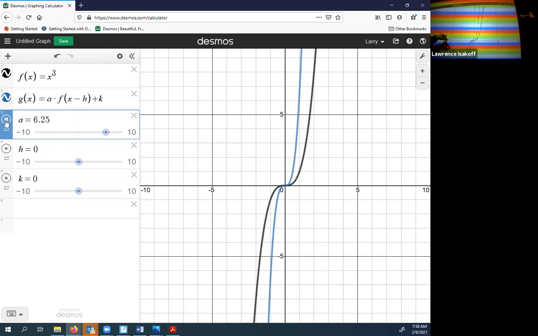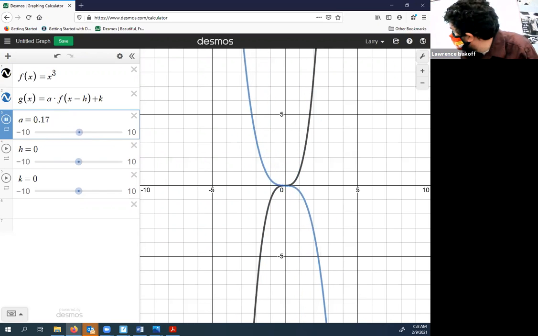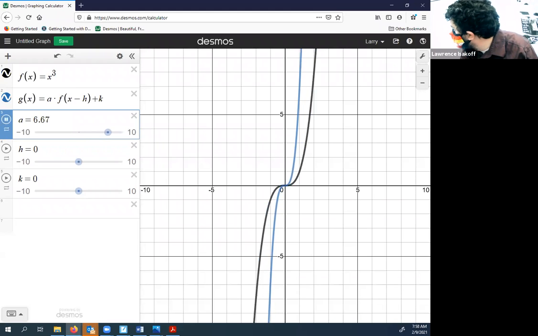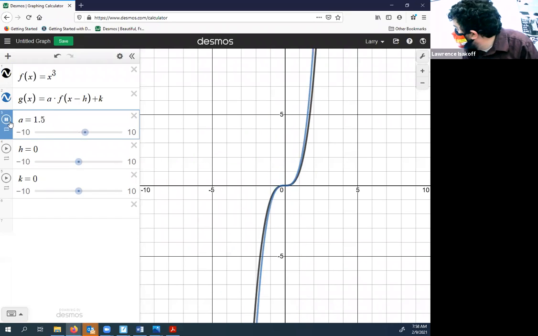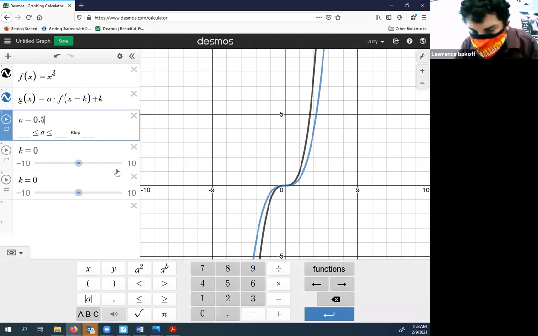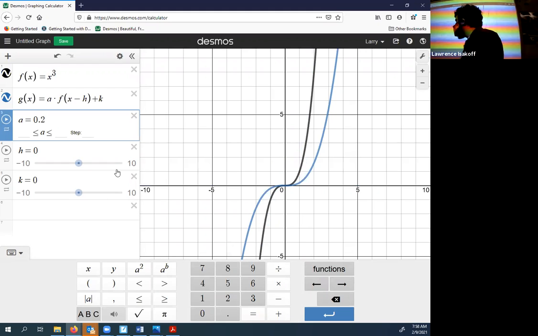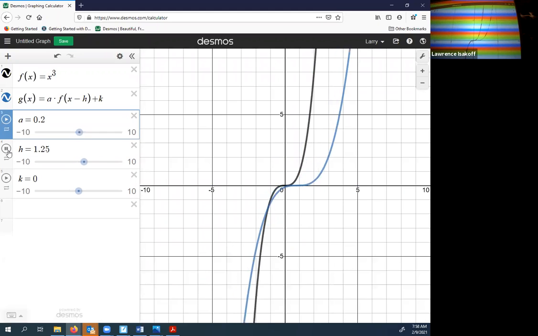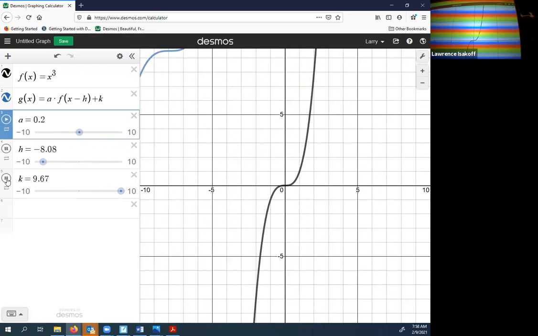And as the number starts getting smaller, it compresses. Those decimals are a little hard to see, so let me pause it. We're definitely seeing plenty of the stretching. The compression happens so quick, it's a little tough to see. So as I'm getting these decimals in here, like 0.5, 0.2, we see that this gets more compressed vertically. Again, H moves it left and right. K moves it up and down.